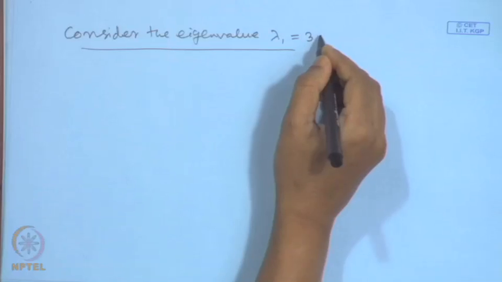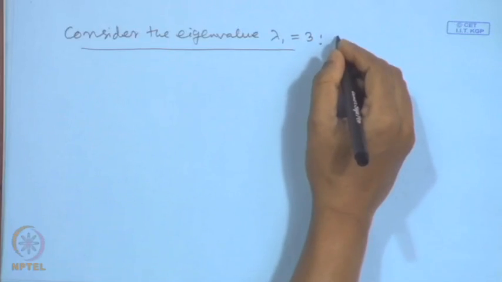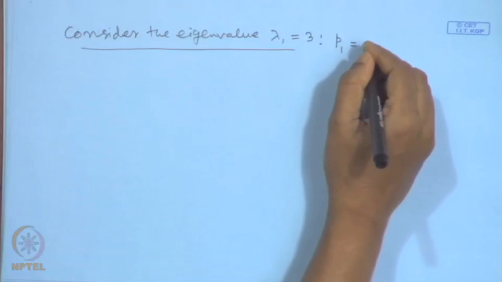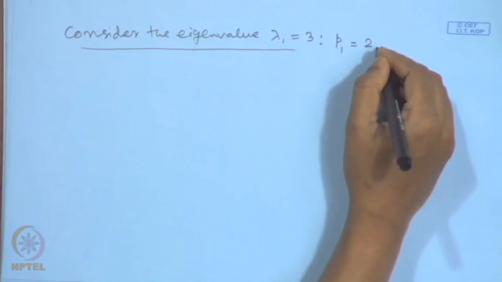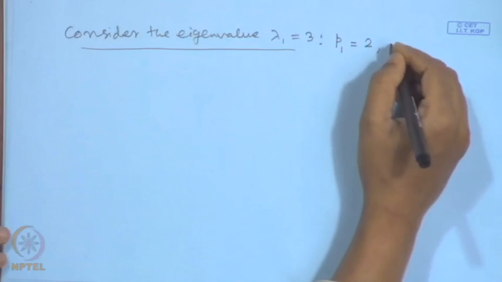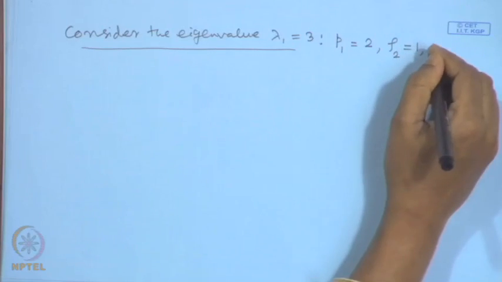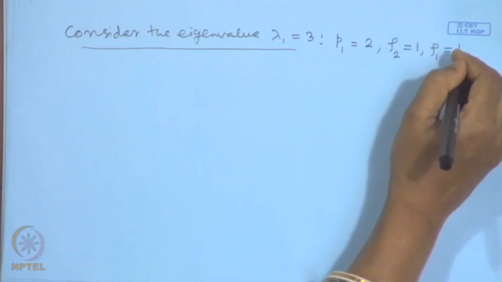For this case, one can check that the value of P 1 will be 2, and the value of rho 2 is 1 and rho 1 is 1.